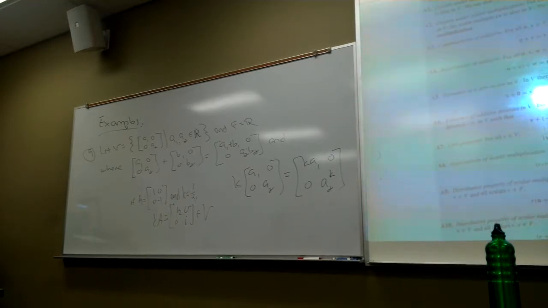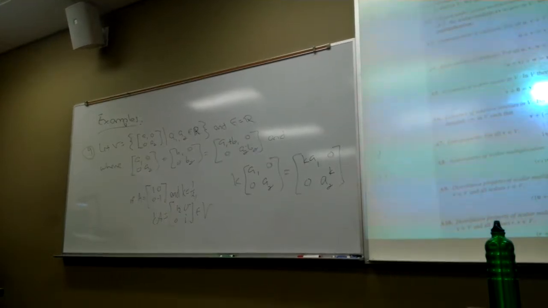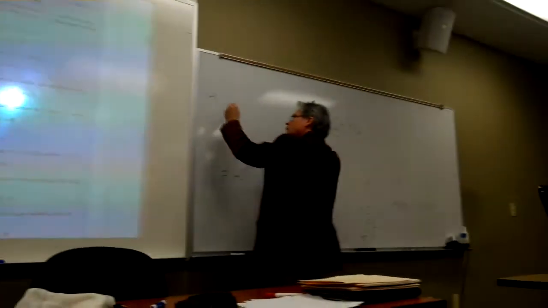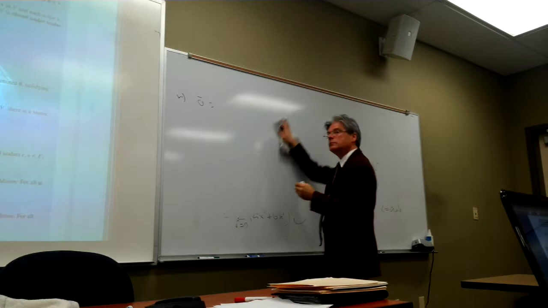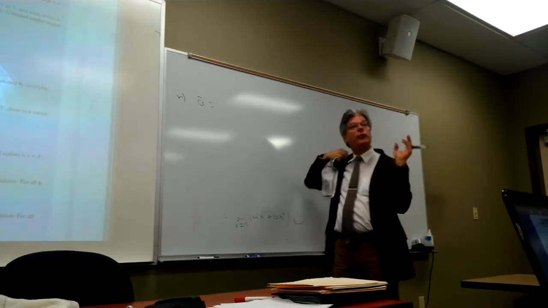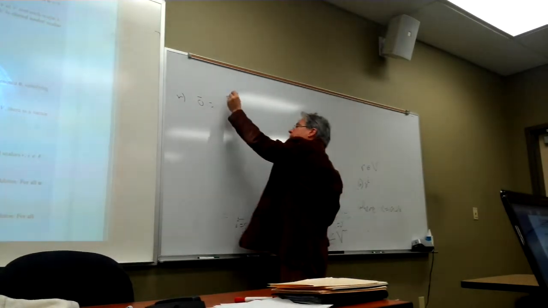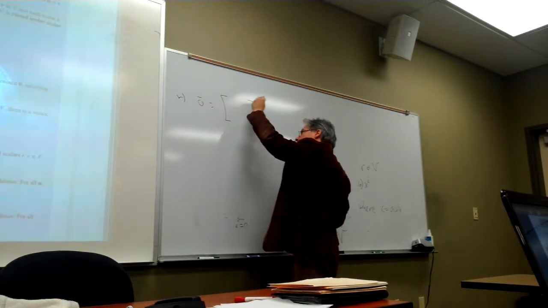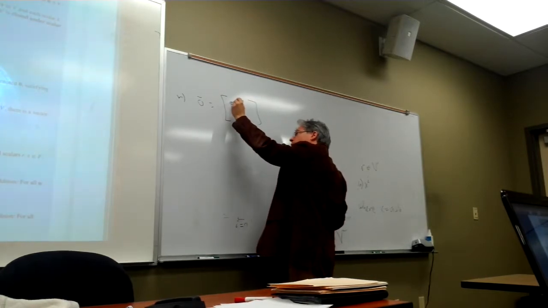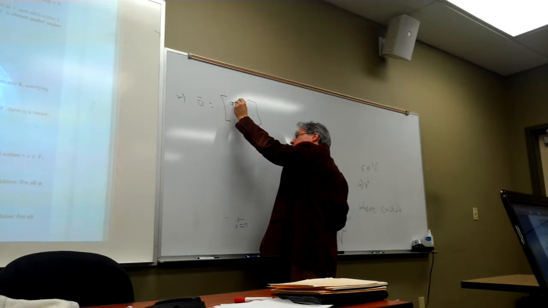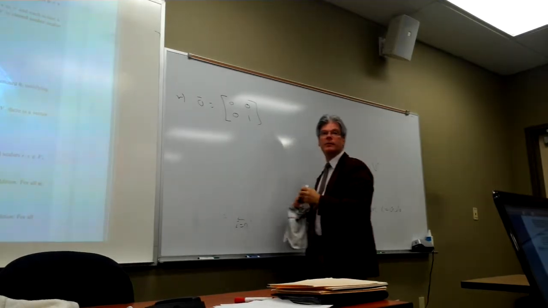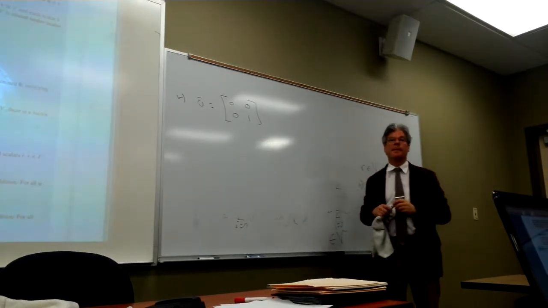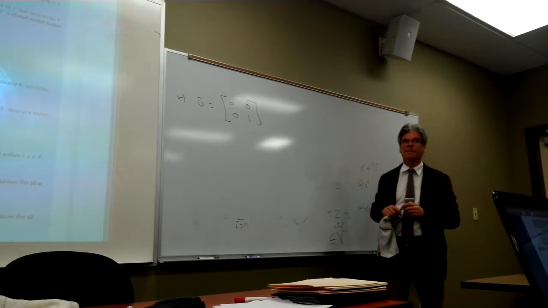Do you guys think we could check axiom 5? What is a zero? If there were a zero, what would it be? All zeros, right? 0, 0. Why?